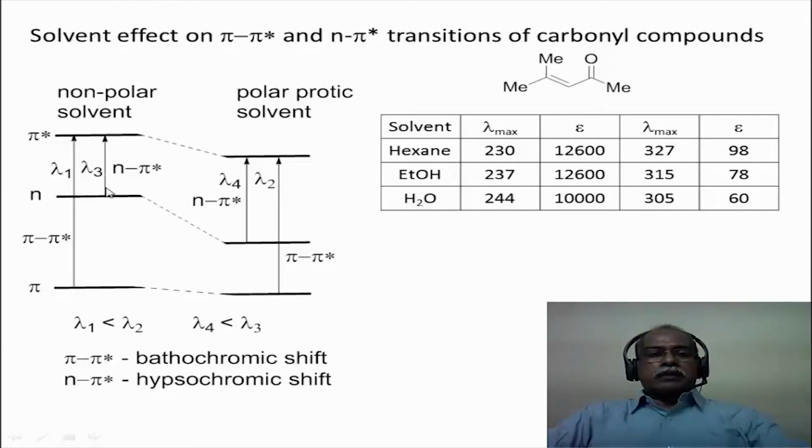Let us call this lambda 1, the wavelength of that particular absorption. Then you have the n to pi star transition, which is a lower energy transition. So this lambda 3 will be much higher than lambda 1 in terms of values.